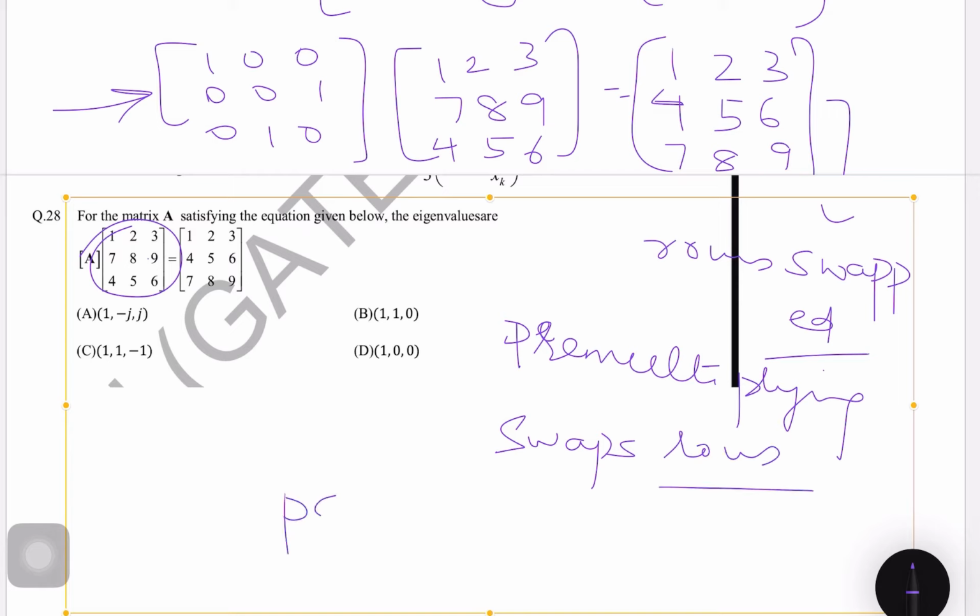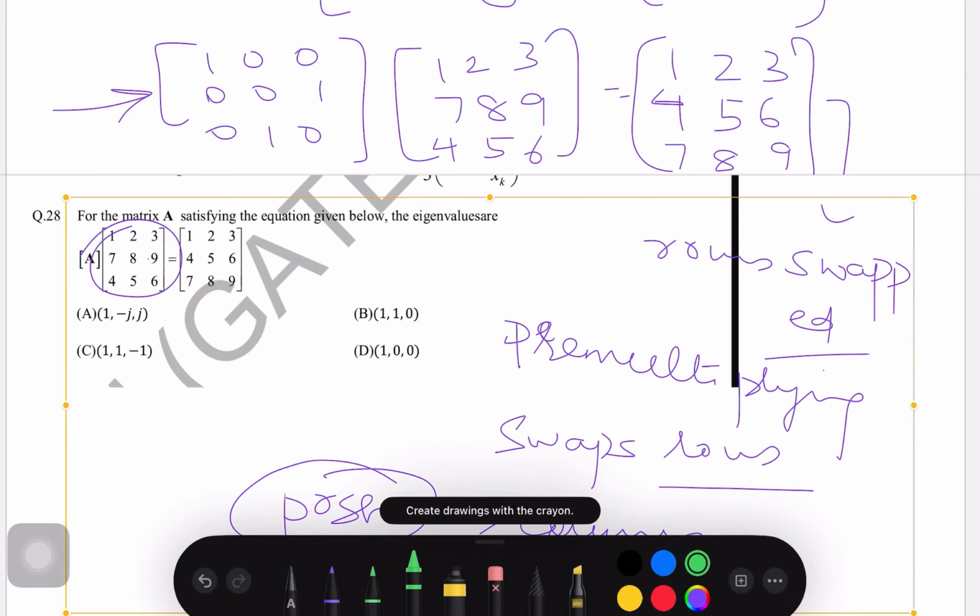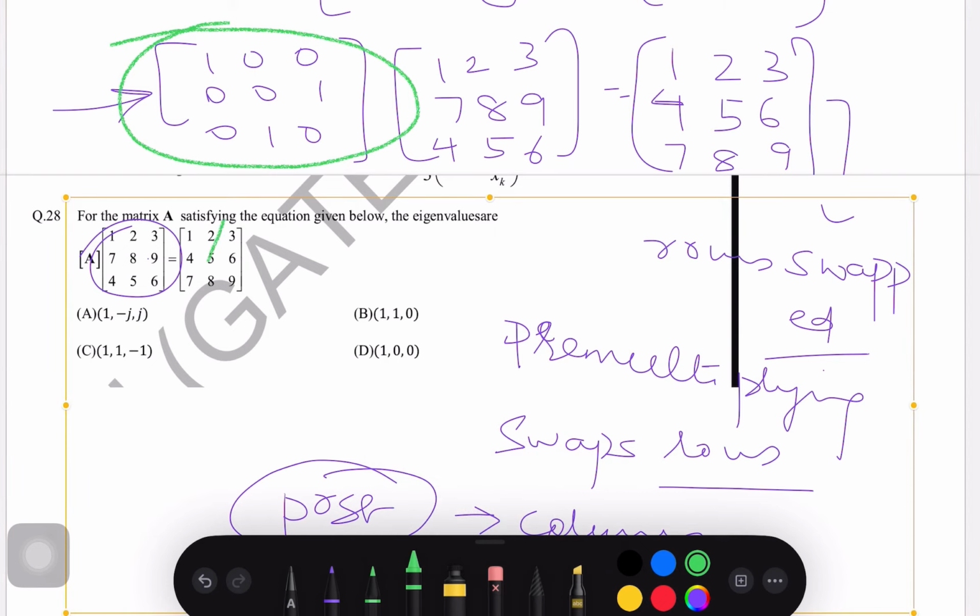And if we post multiply it, right, and we do the same thing to the identity matrix, it will do the same thing to the matrix with which it is multiplied. Post multiplying will swap the columns. All right, so we just found out our matrix which is needed in the question. This is my A matrix. Can you see it?